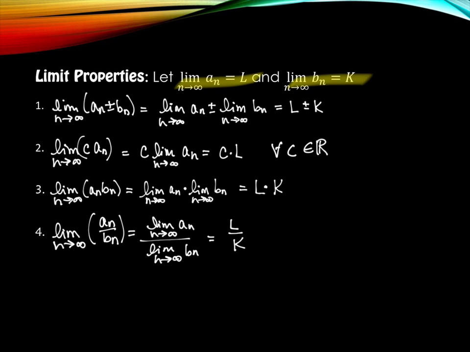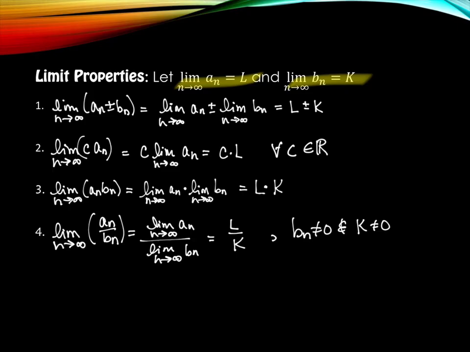It's going to be L over K. We do have the condition that we need the b sub n to not be 0, and we need K to not be 0 for this to actually hold the way that it's written. We will talk about what happens if, in fact, this limit down here does equal 0 and how that plays out later. But the purpose of the definition here, in order to divide them, we need to have actual numbers that are not 0 to do that. So we have those here.